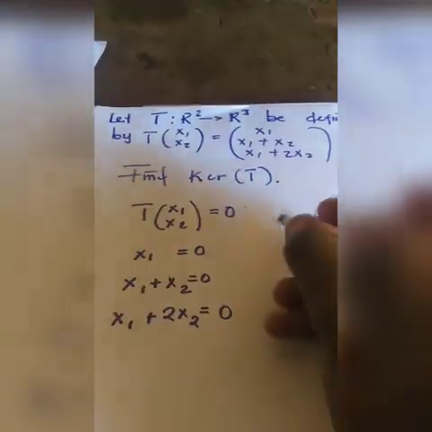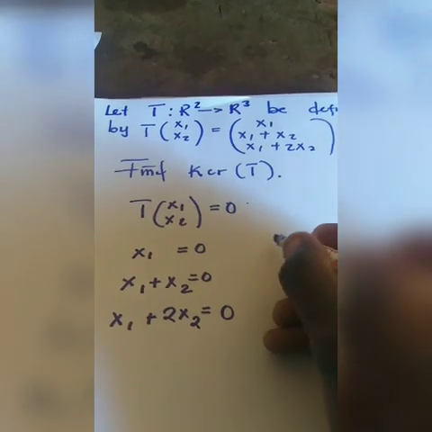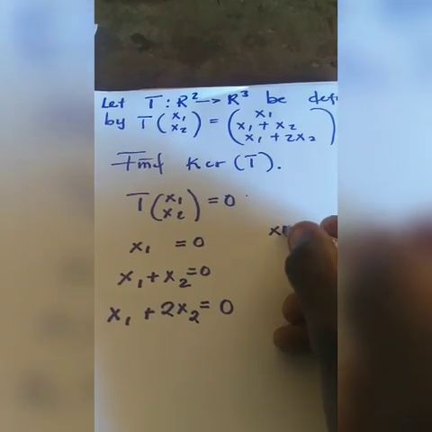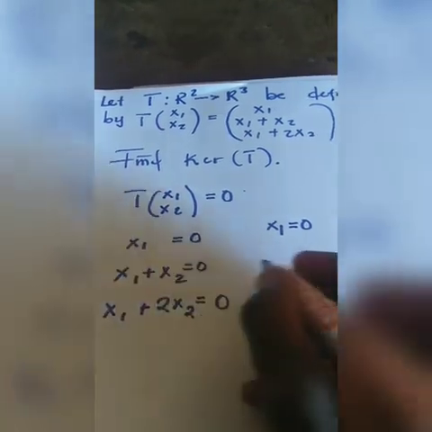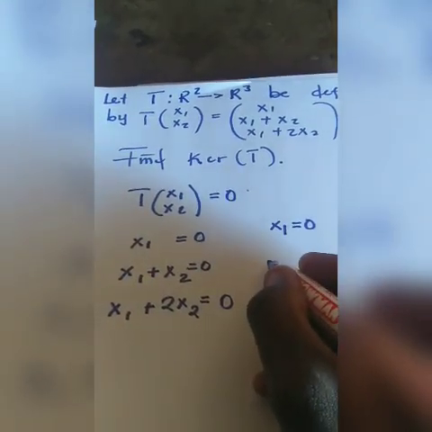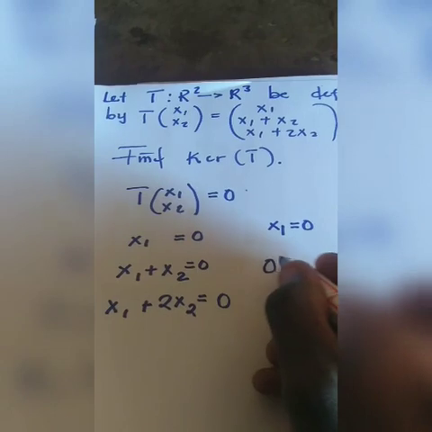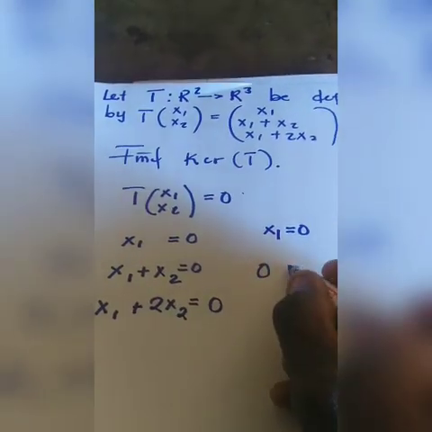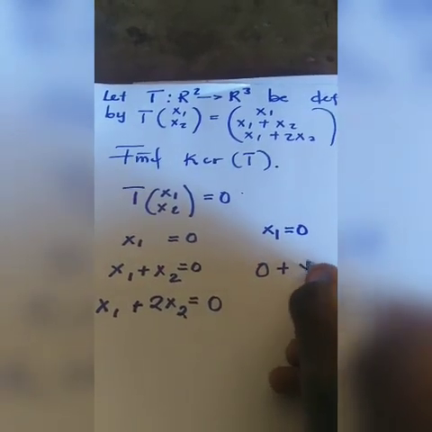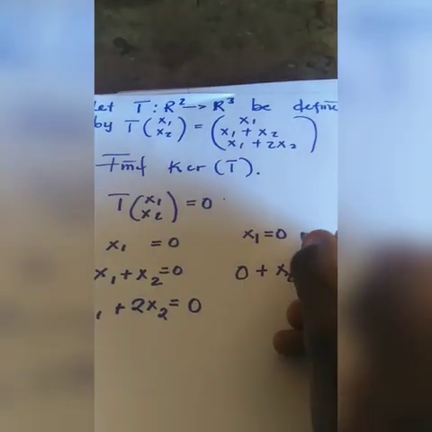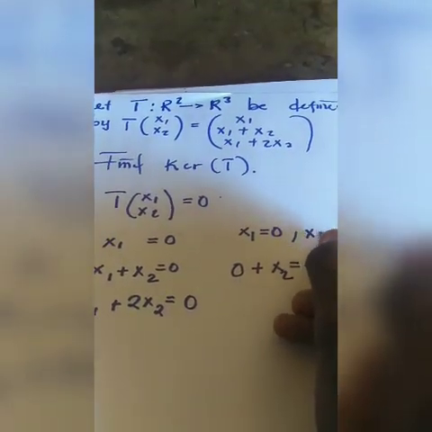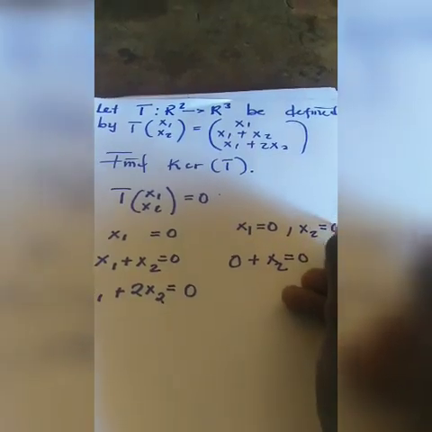So we know that our x1 is already 0. So let's find x2. We'll just place it in. So we'll say our 0, we are getting this equation 0 plus x2 is equal to 0. So meaning our x2 also is 0.